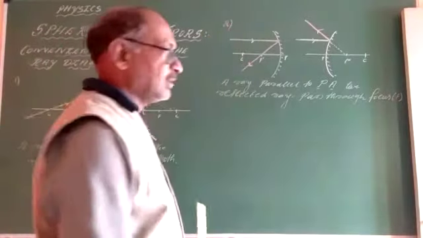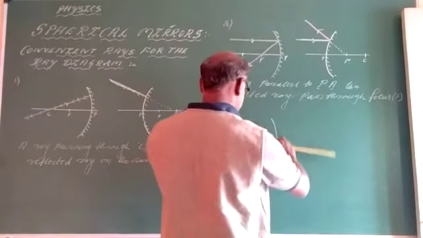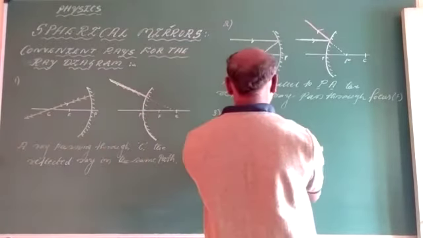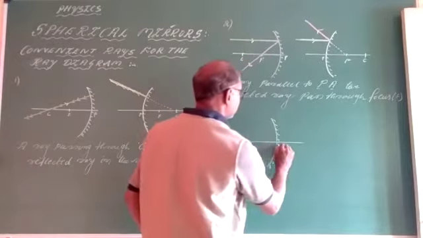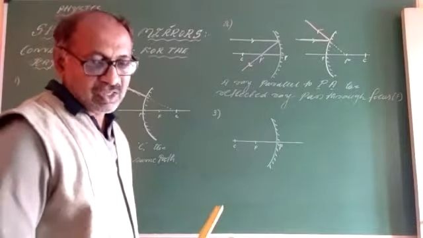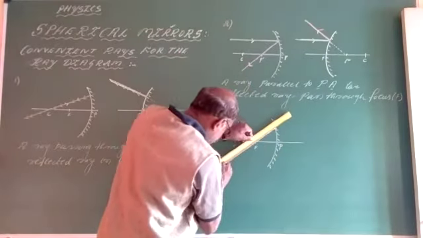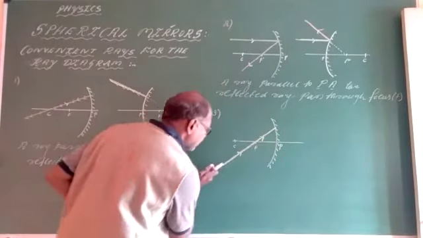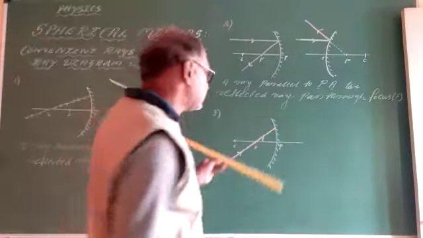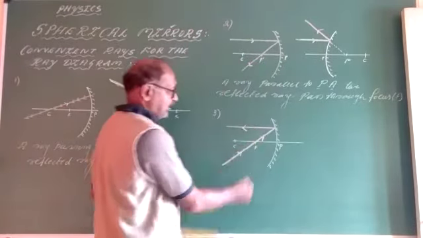Let us go for the third thing. Let us consider the concave type of mirror. We have the pole, the focus, and here the center of curvature. Now a ray which passes through the focus, then the reflected ray is always parallel to the principal axis.